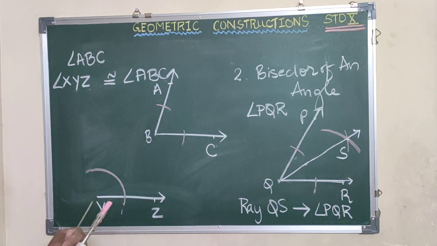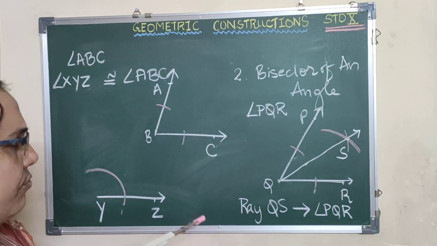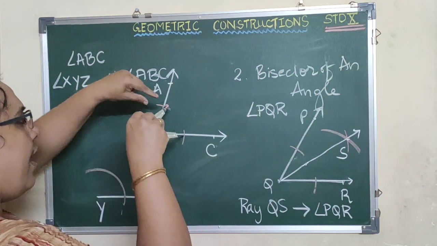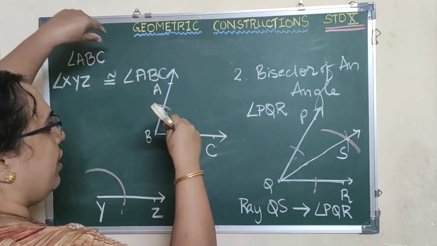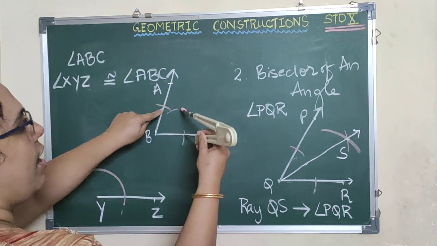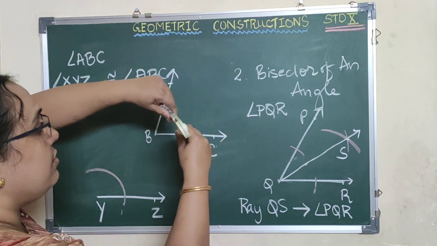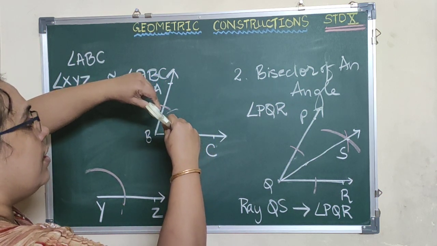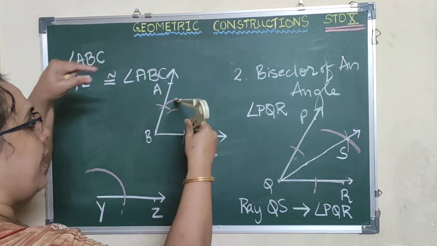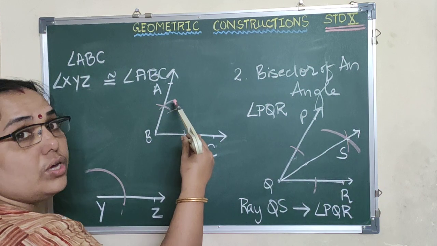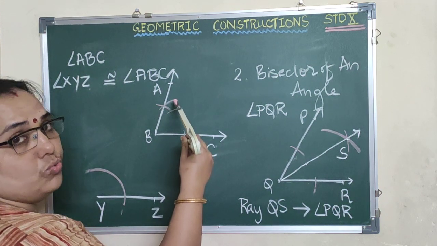Now, after this, you have to be a little careful. You have to keep at this point and see that I am not cutting the arc and the common ray at the same time. So I have to extend my compass in such a way that if I draw an arc, it should be the common point for the ray to pass through.